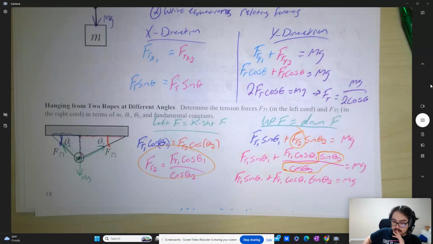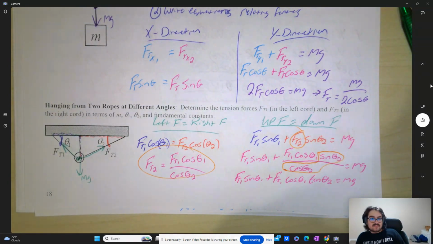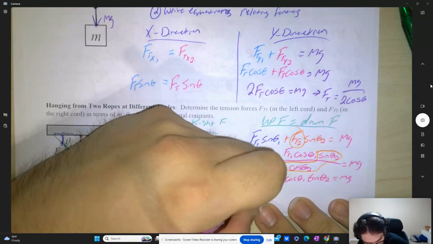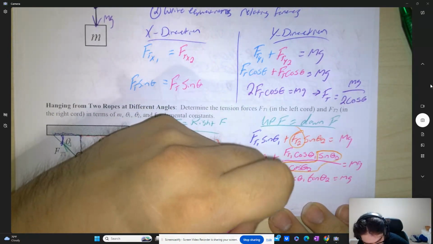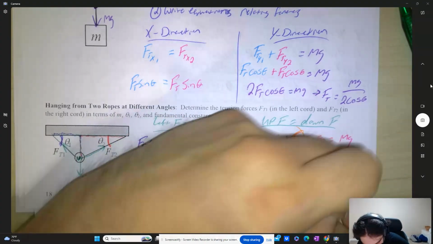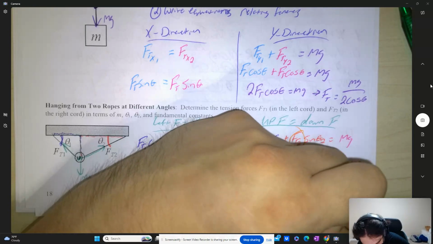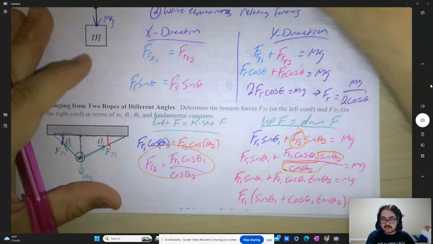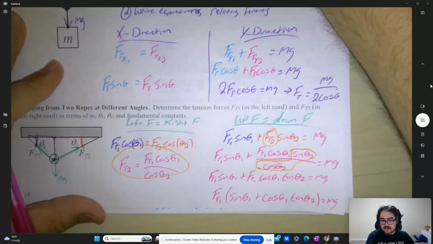Okay. But what you can do here now is factor out ft1, and that makes it to where you can get ft1 by itself in a proper equation. So when we factor that out, we get ft1 times sine theta 1 plus cosine theta 1 tangent theta 2 equals mg. Okay? And sorry, you can't see the mg because my window's blocking it, right? There you go, okay?